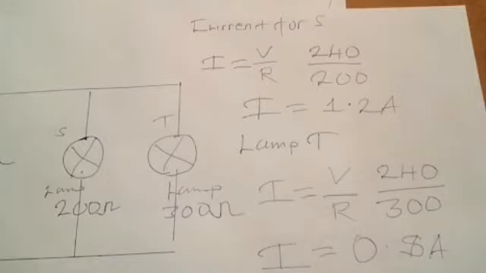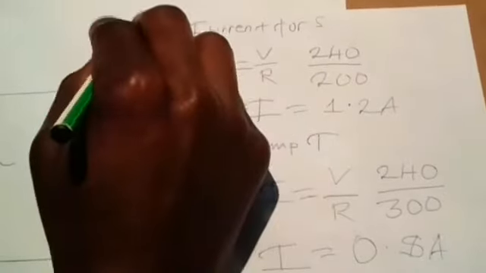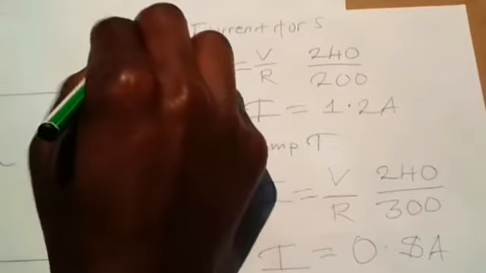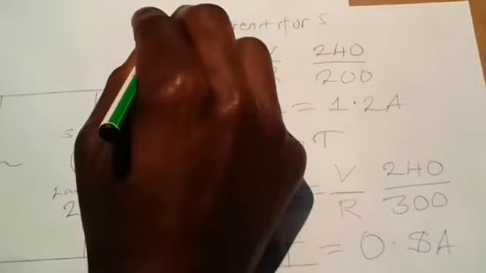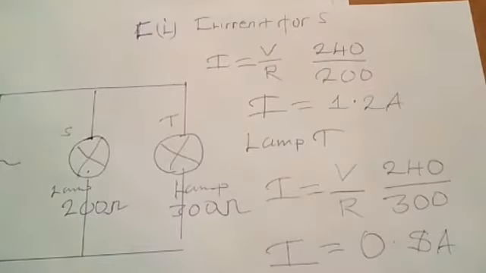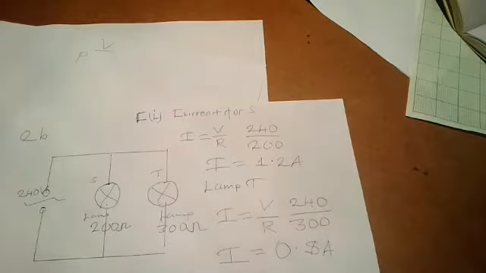Now question C, Roman numeral 2. They are asking us to calculate the resistance of the circuit.